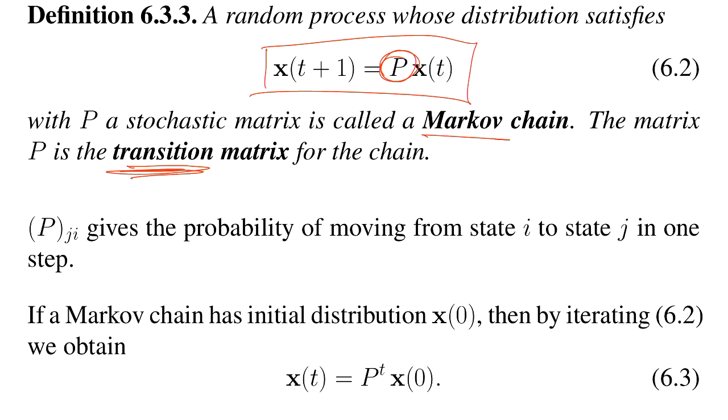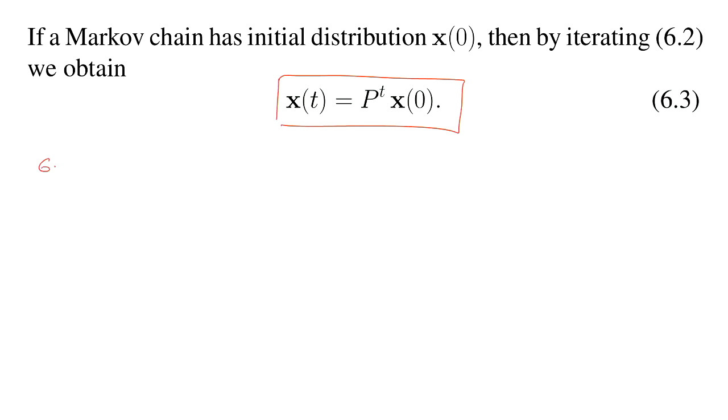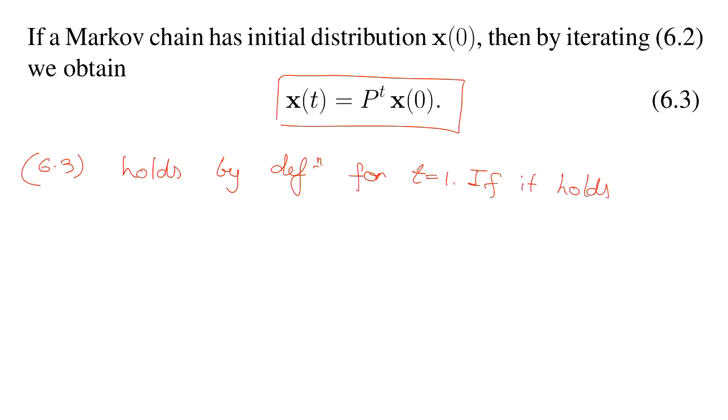Okay, now, final observation is that if you have a Markov chain, x of t is just P to the t times x of 0. So that's a really simple inductive proof. So 6.3 holds by definition for t equals 1, otherwise you wouldn't have a Markov chain.